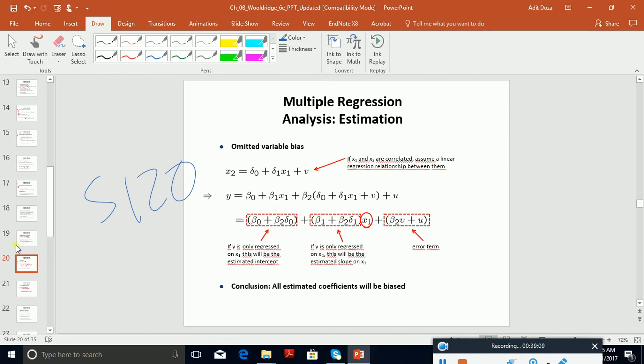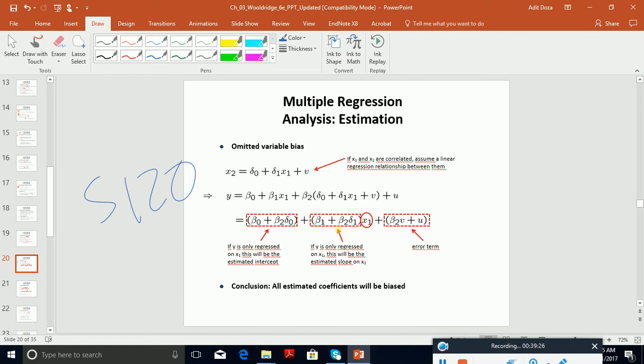If x2 is a function of x1, then when you are estimating x1, you see there is an extra term, beta 2 delta.